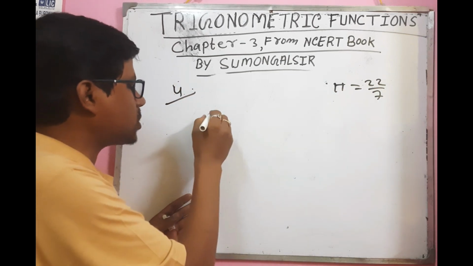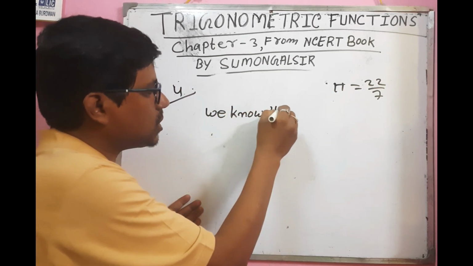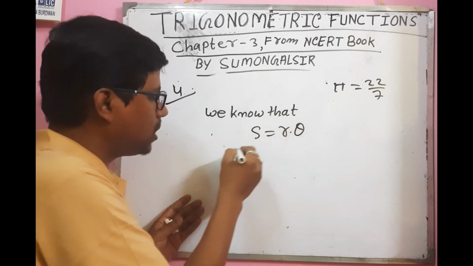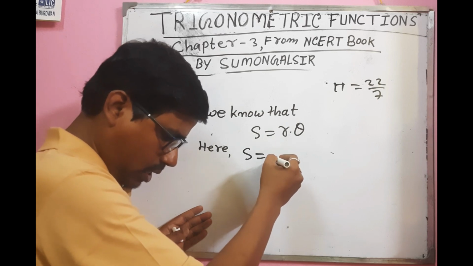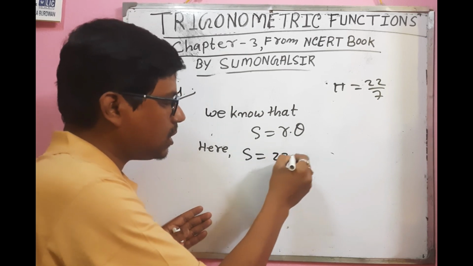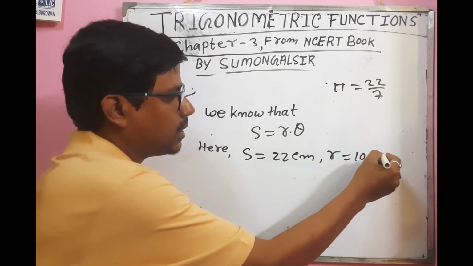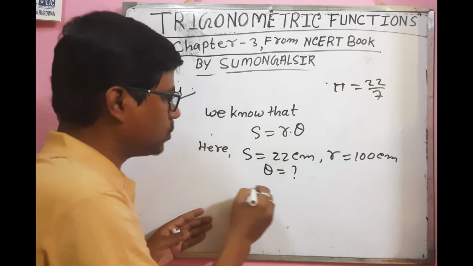Now we know that s is equal to r theta. Here s is given as 22 centimeter and r is equal to 100 centimeter, and theta will be found out.